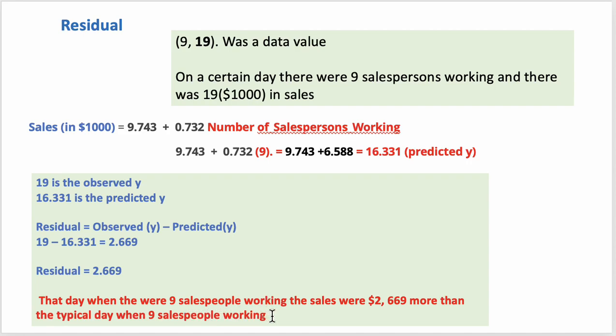It was a little bit unusual, all right? It was higher than expected. That's the power of the residual.